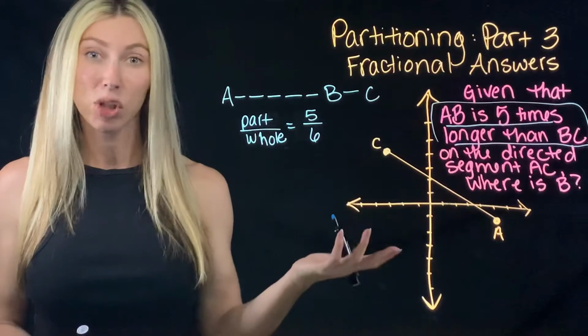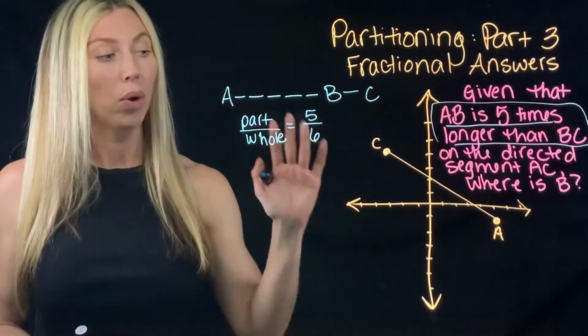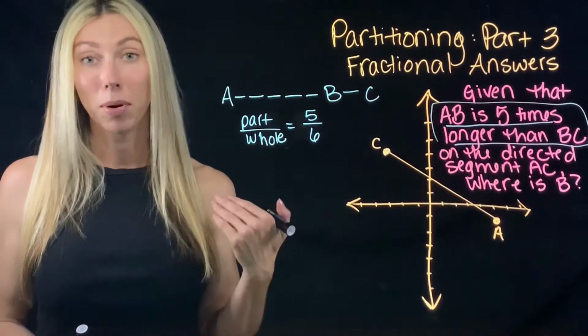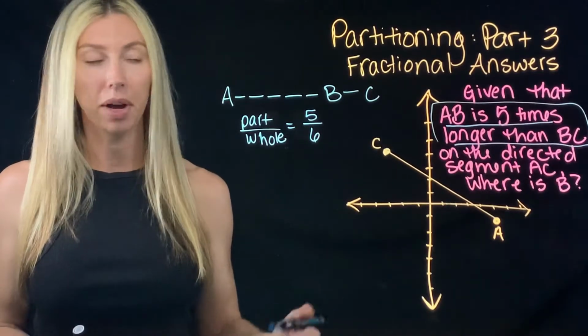The rest of it is just plugging it into the formula or graphing it all out. So whenever your answer is going to end up having fractional answers, I personally find it a lot easier to just do the formula, but I will show you how to graph it.